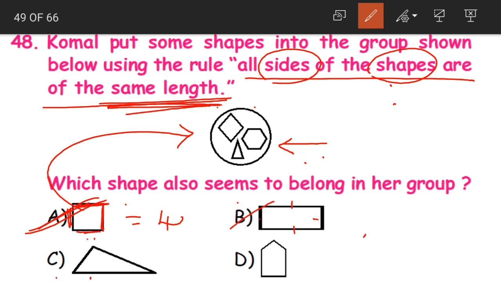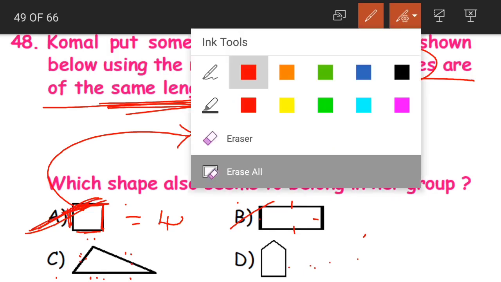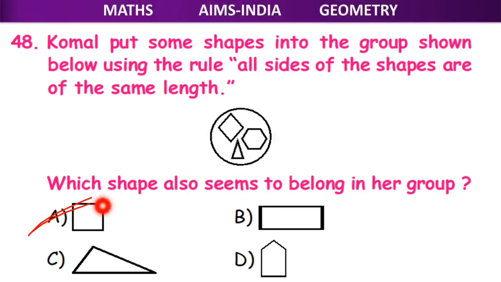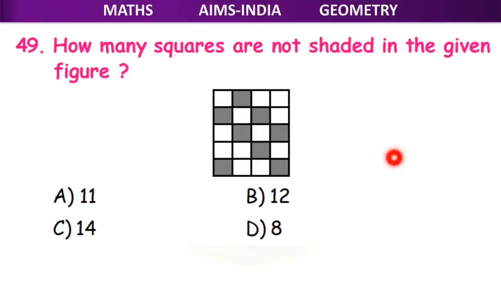Even figure C, the triangle, does not have sides of equal length, and figure D does not have sides of equal length either. So only option A, square, fits this group. So option A becomes our correct answer.